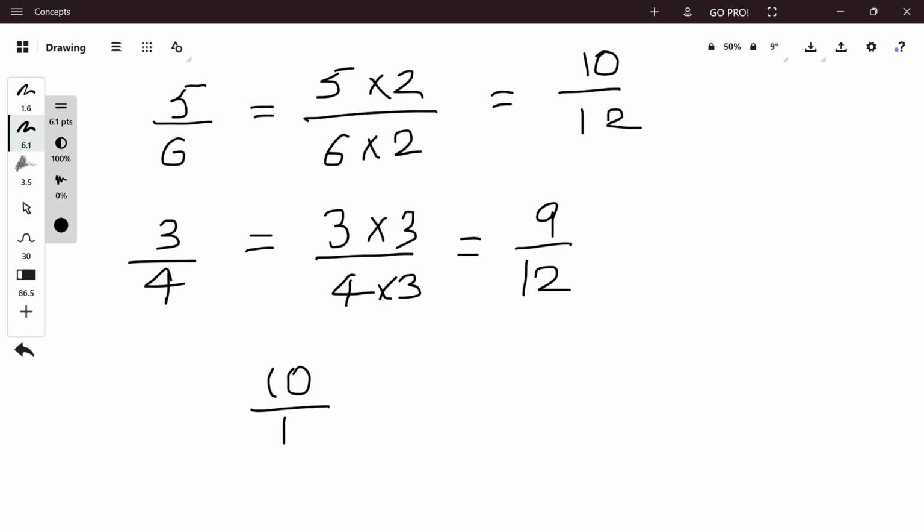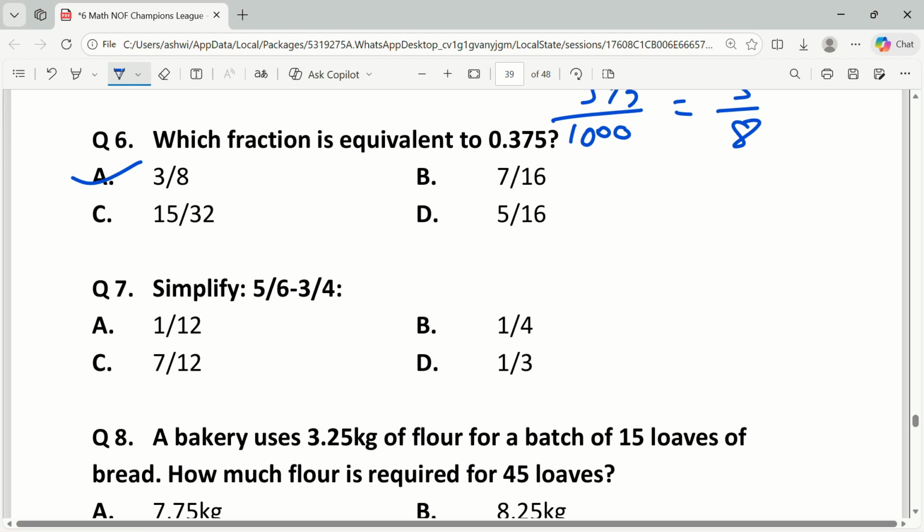Subtracting the fractions, we have 10 upon 12 minus 9 upon 12, which is equal to 1 upon 12. Comparing with the options, the answer is A, 1 upon 12.